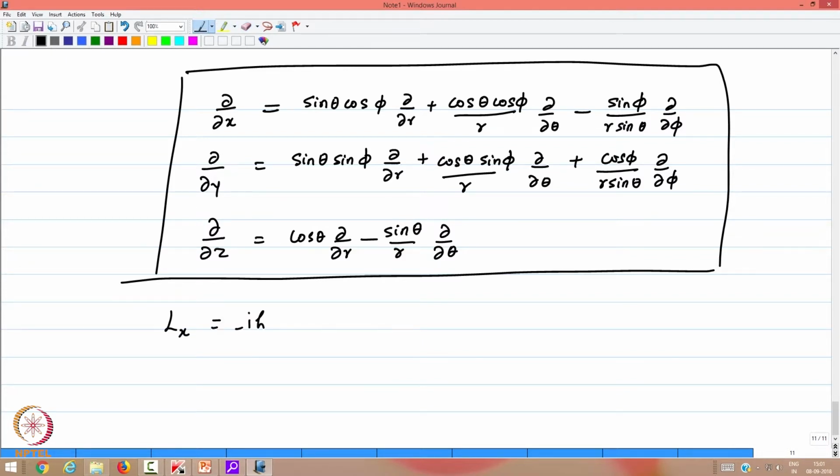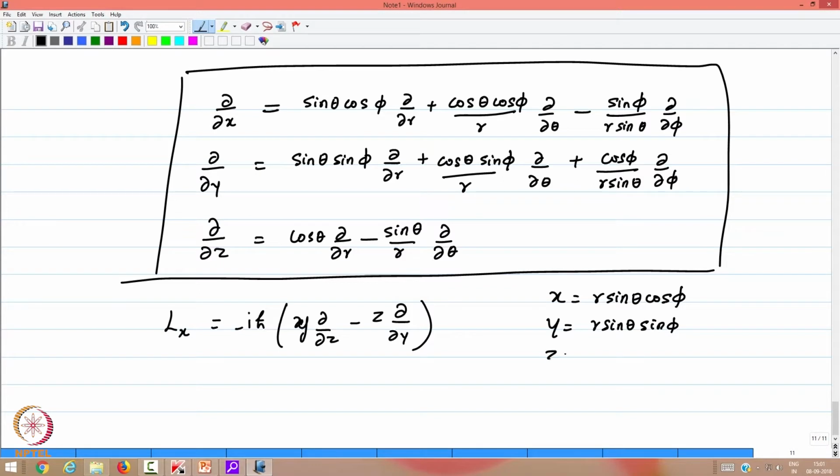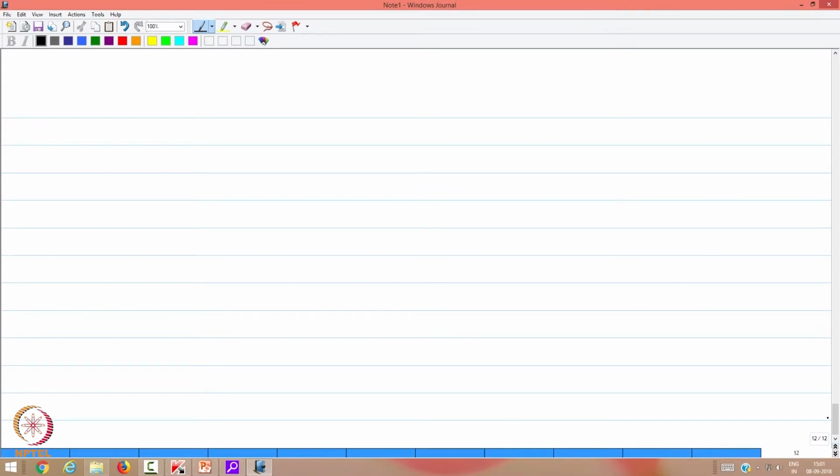Minus i h bar, y dou by dou z minus z dou by dou y. And remember, in polar coordinates, x is r sin theta cos phi, y is r sin theta sin phi, and z is r cos theta.